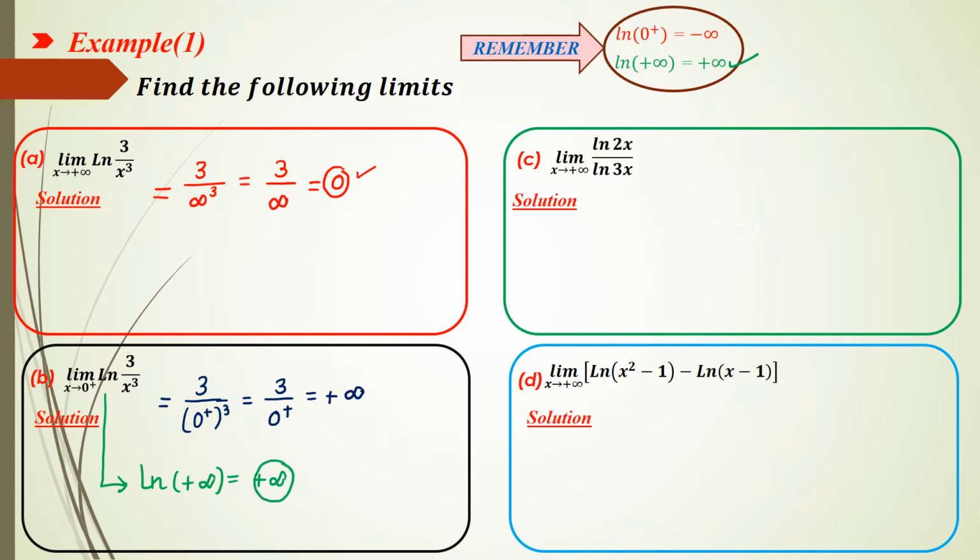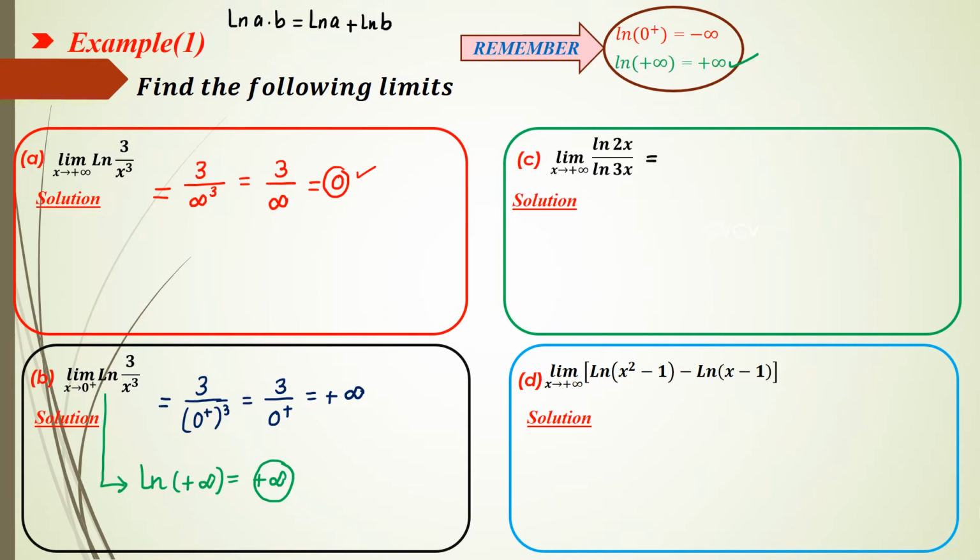In part C we have the limit of ln 2x over ln 3x when x goes to positive infinity. So here you have to use the properties of the ln function, and as you know, ln of a times b equals ln a plus ln b.